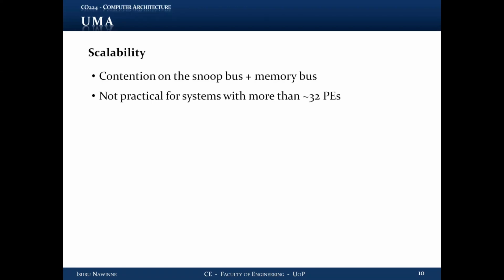One of the biggest problems with this bus snooping coherency control technique is the contention of the snoop bus as you keep increasing the number of processors. For 3, 4, 8 processors, a smaller number, it's not a big issue. It's not going to slow down the system much.